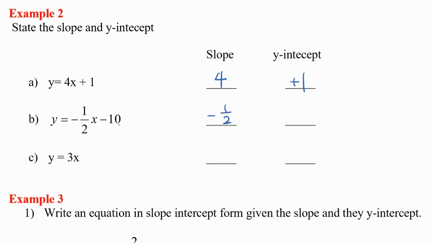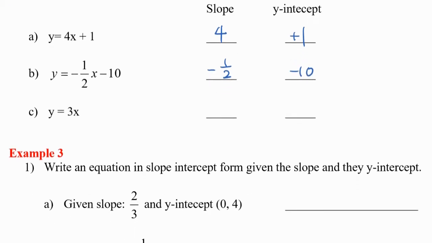What about the y-intercept? Negative 10. Okay, next, y equals 3x. So we know the slope is 3. And what about the y-intercept? There's nothing. So you can just consider that you're adding 0 here. So the y-intercept is 0, right?